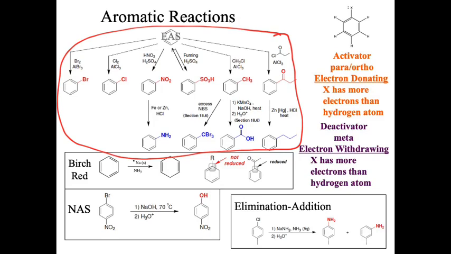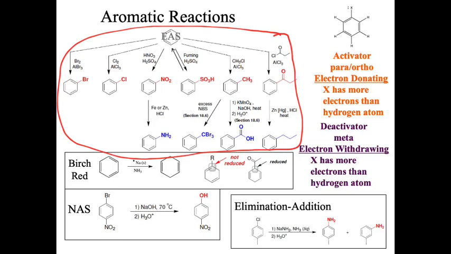So we need to learn how that thing affects the rest of the reaction. How does that change the reactivity of the hydrogens? That change then gets these secondary classifications. Activators: ortho-para, electron donating. Deactivators: meta, electron withdrawing. So it's telling you where your substitution is going to happen.